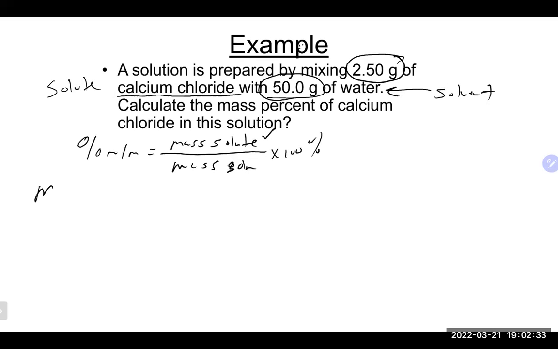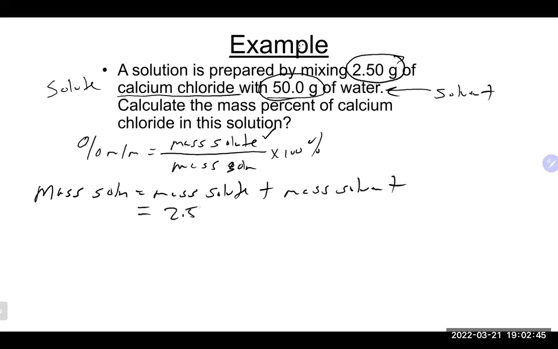So the mass of the solution would be the mass of the solute plus the mass of the solvent, which in this case is 2.5 grams plus 50 grams, giving us 52.5 grams of solution.